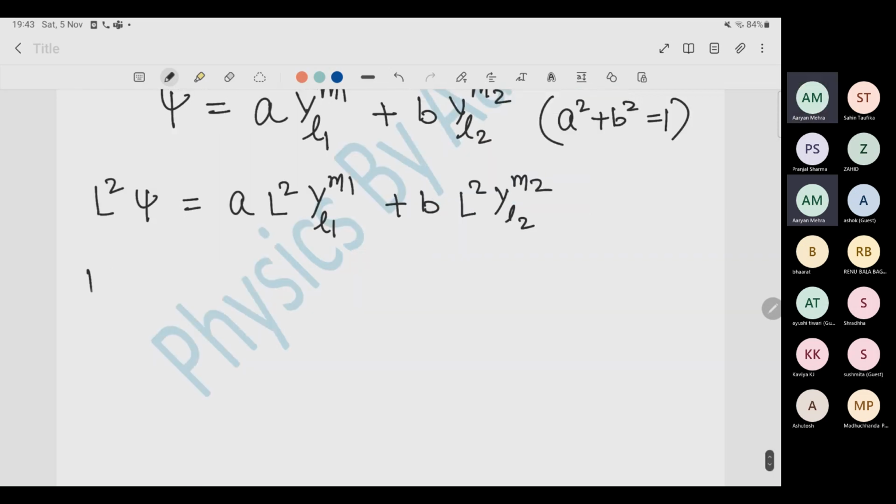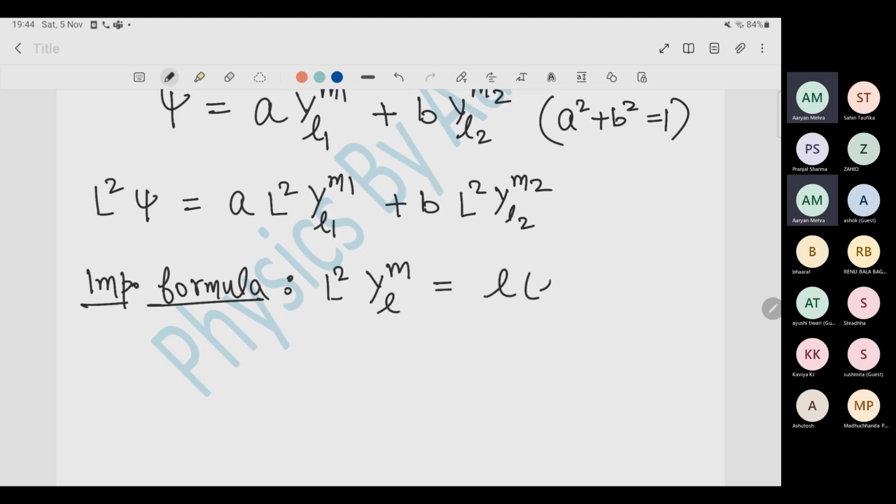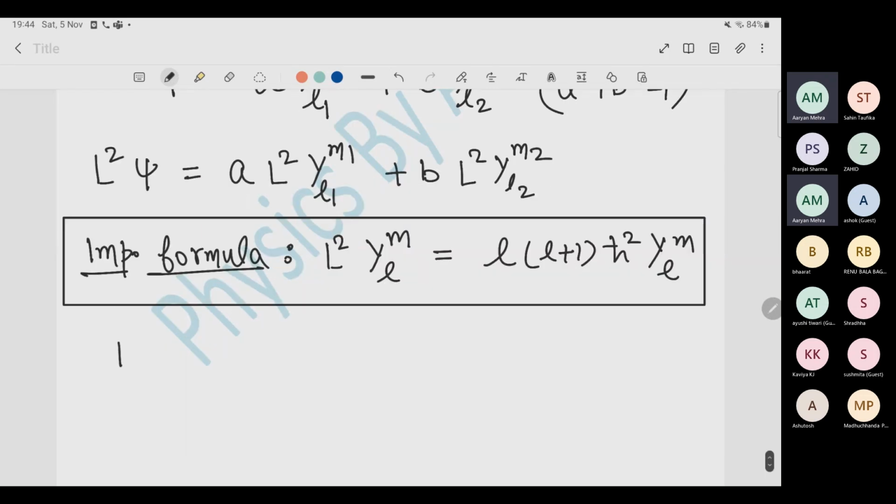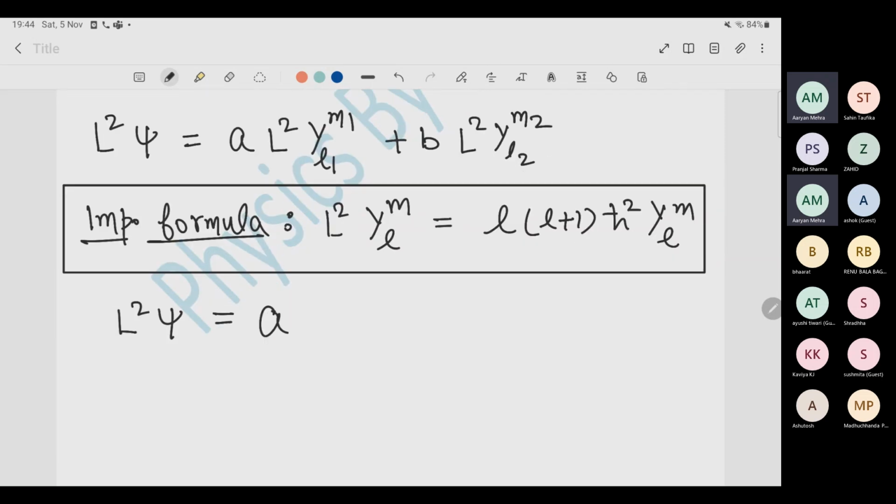Now, an important formula. Whenever L square operates on Y_lm, you get a value l(l+1) h-bar square and you get your state back. This is a very simple and important formula which we have been repeating from day 1, and I also told you that we will study it in detail in lectures 3 and 4, which is what we are doing today.